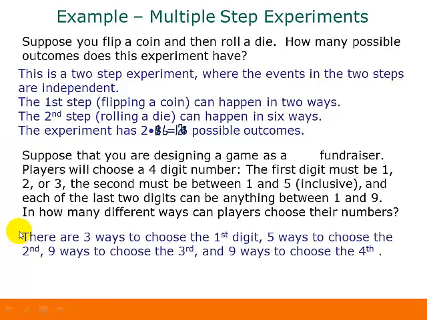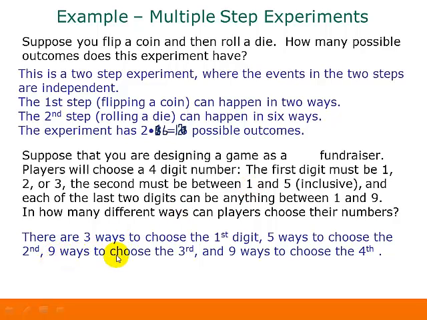This is actually a 4-step experiment because the players are choosing each of 4 digits. So we're going to look at how many ways there are to choose the 4 different digits. For the first digit, because it has to be a 1, 2, or 3, there are 3 ways to choose it. There are 5 ways to choose the second digit because it's supposed to be between 1 and 5 inclusive.